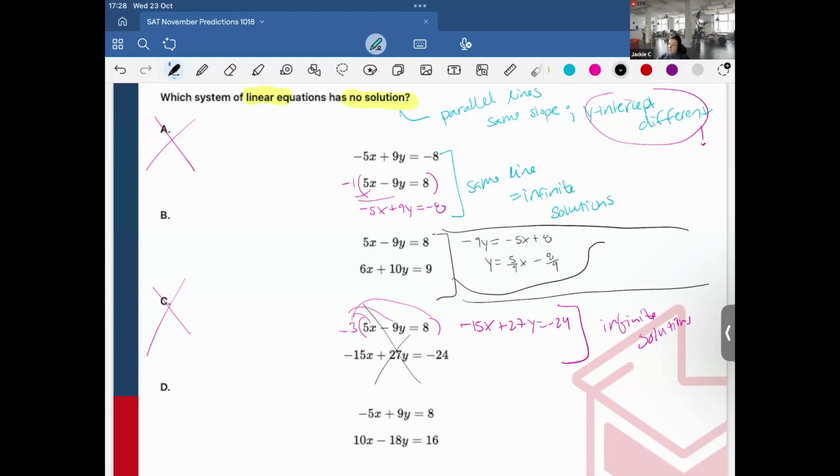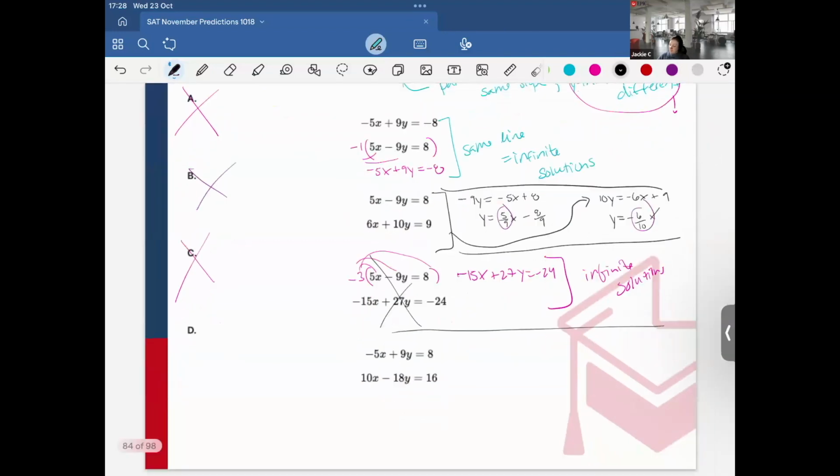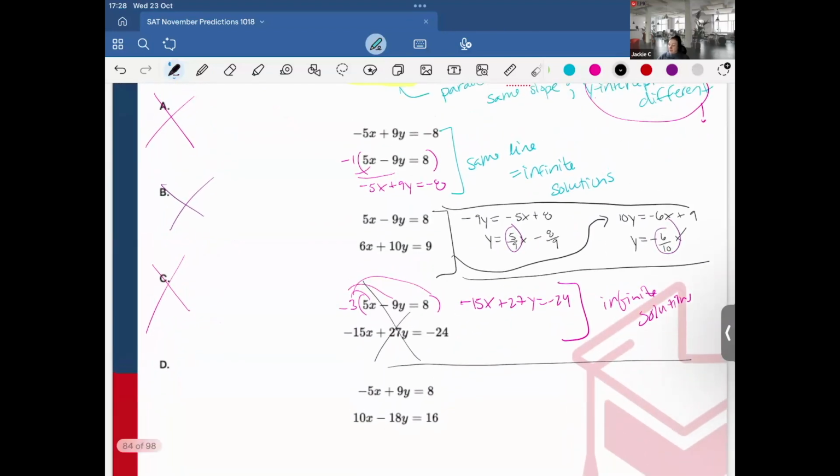And this line here would be 10y equals -6x plus 9. Divide everything by 10, so y equals -6/10. I can stop there because I can see the slopes aren't equal to each other, so it can't be B. Therefore, our winner must be option D.